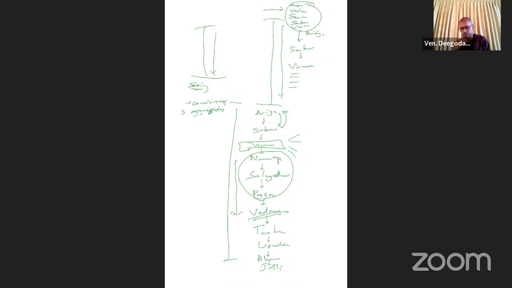So there are four paticcasamuppadas, and these four work at the same time, and there are four stages in one paticcasamuppada, and these are very sophisticated parts in Abhidhamma. So we do not need that much understanding.